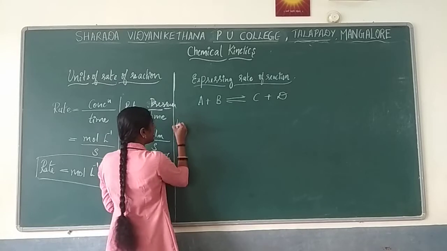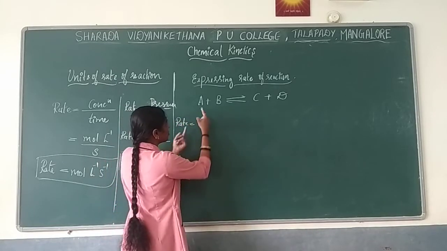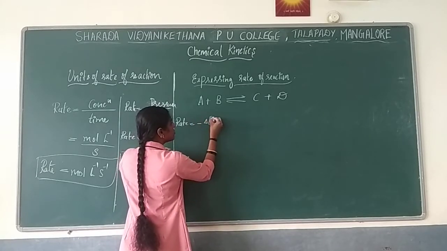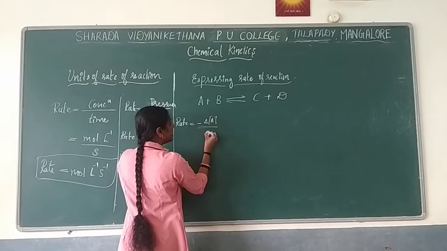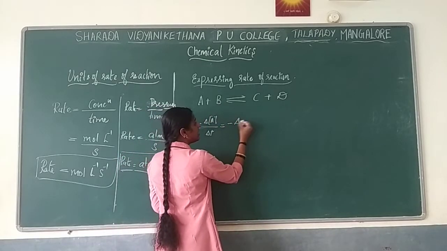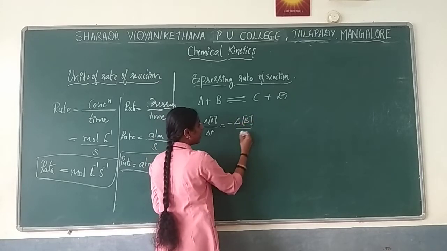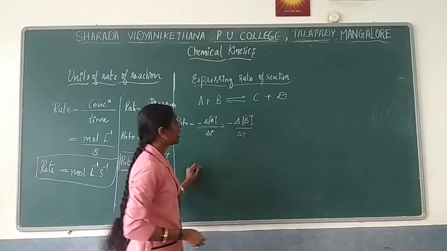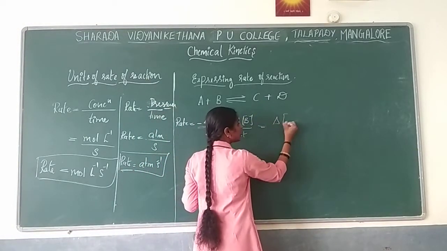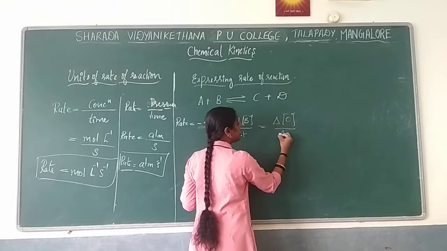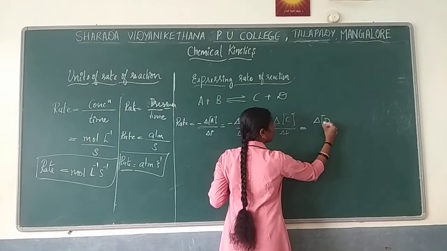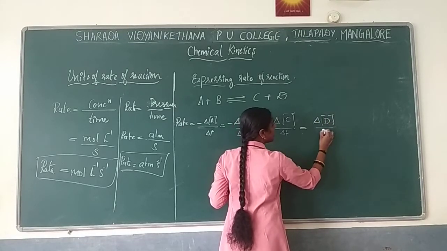For this, these two are the reactants. So you write minus delta of concentration of A divided by delta t, is equal to, for the other reactant, minus delta of concentration of B divided by delta t, is equal to, for the products with a positive sign, delta concentration of C divided by delta t, is equal to delta concentration of D divided by delta t.